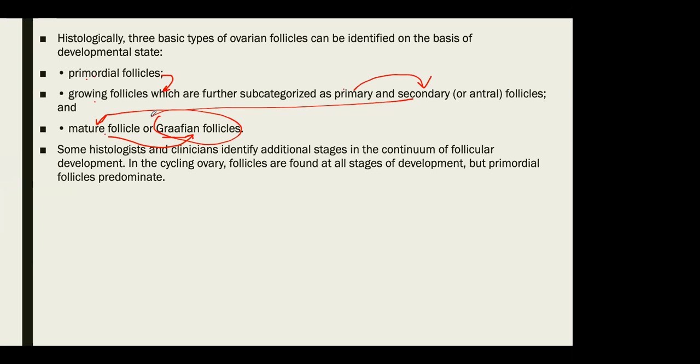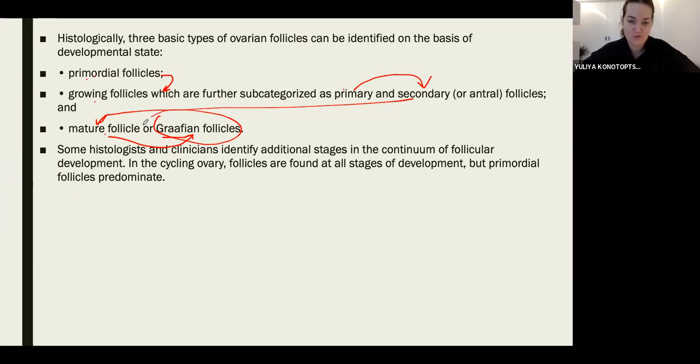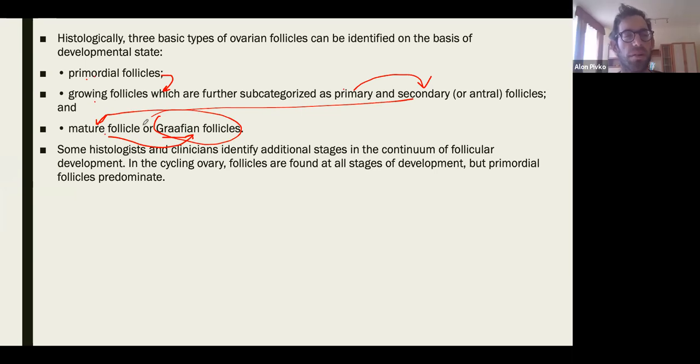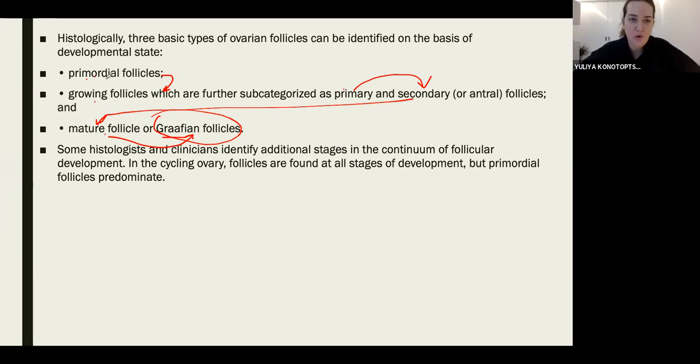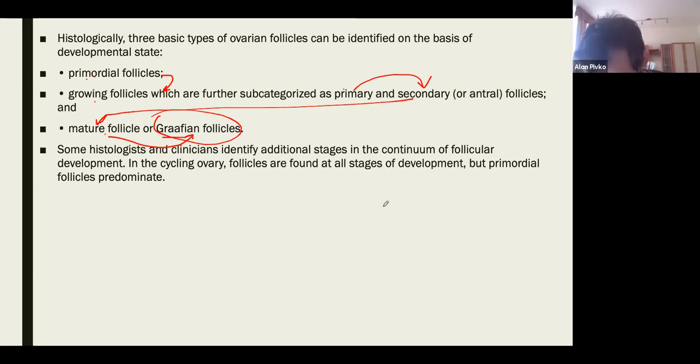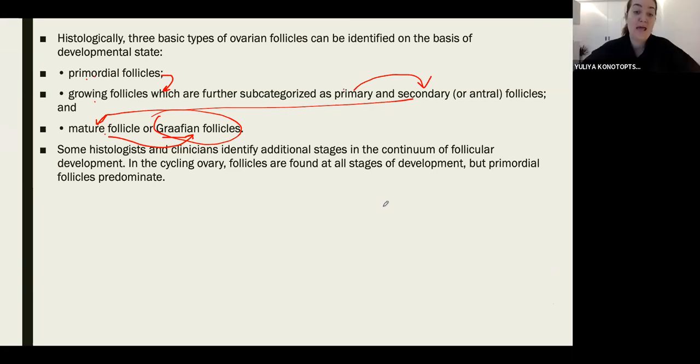FSH. Of course. They are follicles, so they are stimulated by follicle stimulating hormone. So the reason why primordial follicle becomes primary is because of the FSH, right? So all of these follicles should have some kind of receptors, and these receptors are going to be specifically for the FSH.